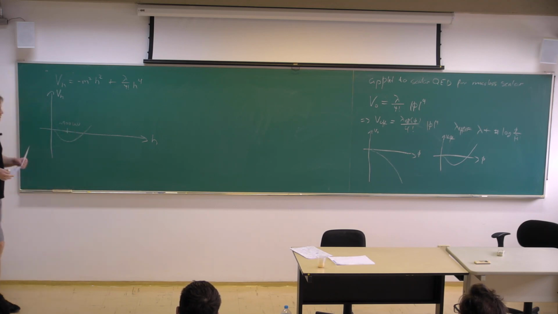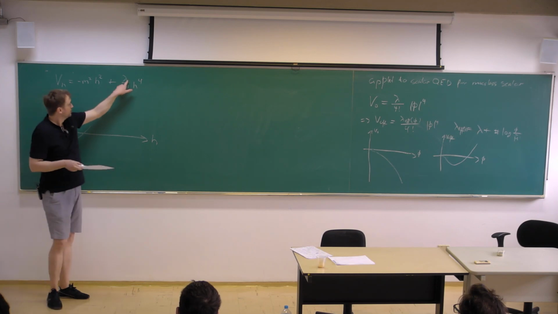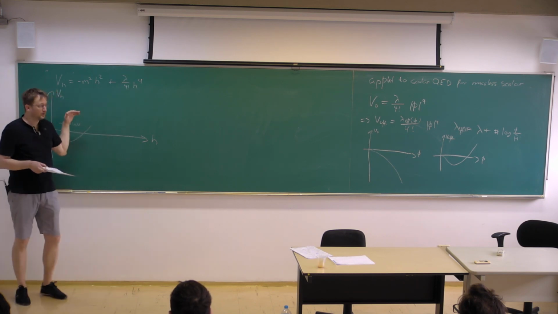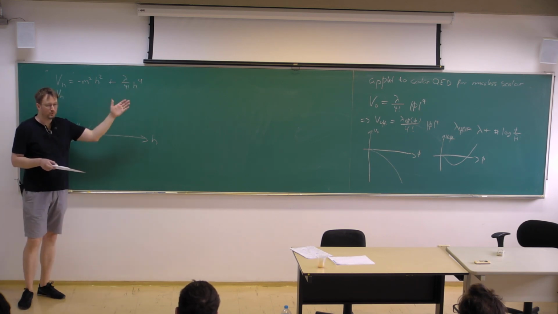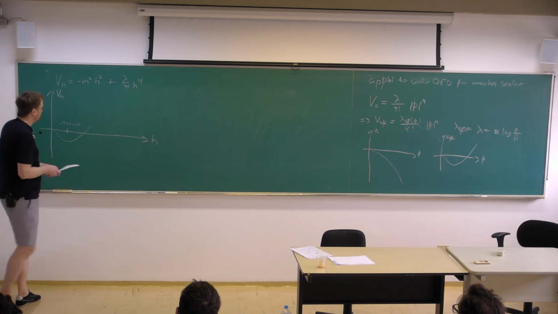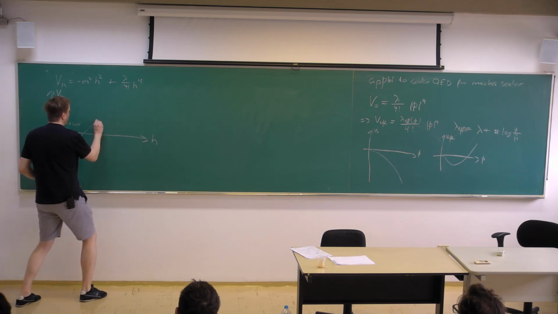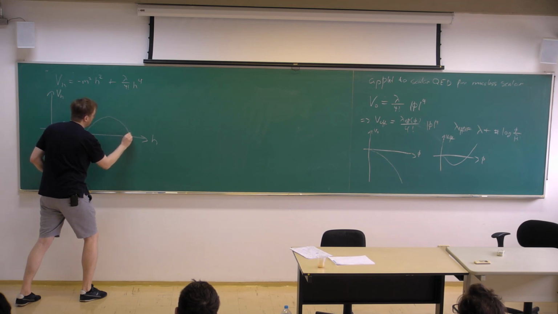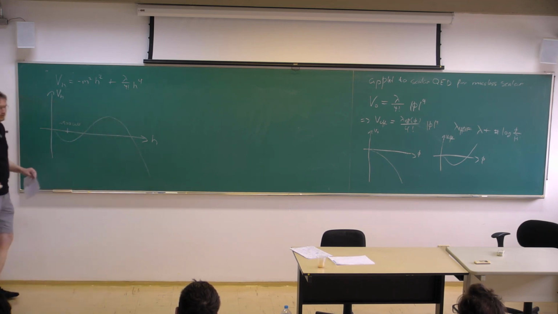But now if you run the coupling up to higher field values, assuming that you only have the standard model and no new degrees of freedom, what you find is that the coupling eventually turns negative. It first crosses 0 and then it turns negative. If there are new degrees of freedom coupling to the Higgs at higher mass scales, then it would change, but assuming there's only the standard model up to the Planck scale.